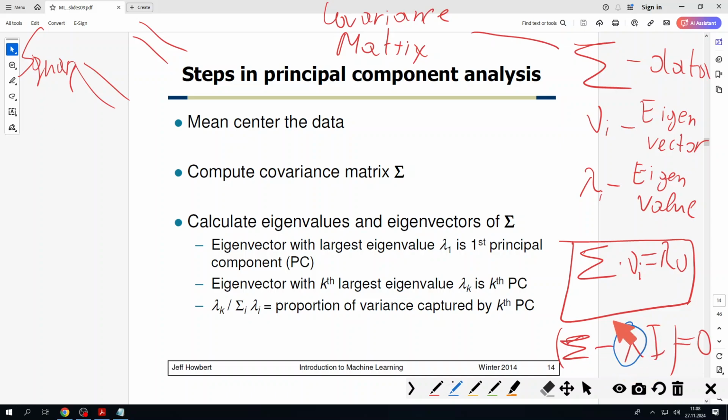And then, after you have these eigenvalues, you can find the corresponding vector simply by multiplying: sigma minus lambda I multiplied by nu equals 0. From here you also find the eigenvector. So this is actually an analytical solution. It is not a search of some form. It doesn't include any randomness.